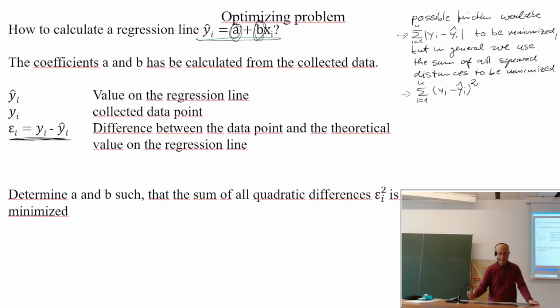Well, one problem which we do not have when we use the square is the problem of the sign, because the square of a negative number is also always a positive number. But this problem we got rid of also by just taking the absolute value.